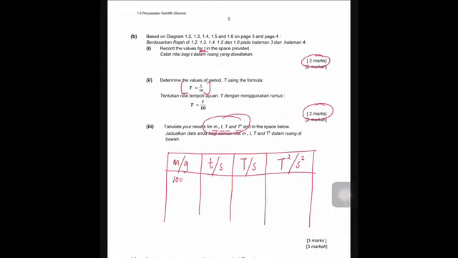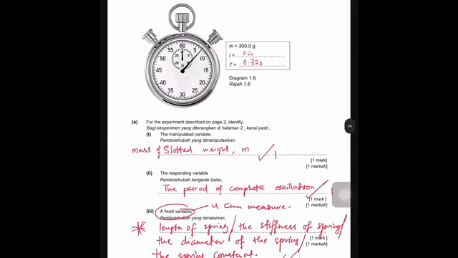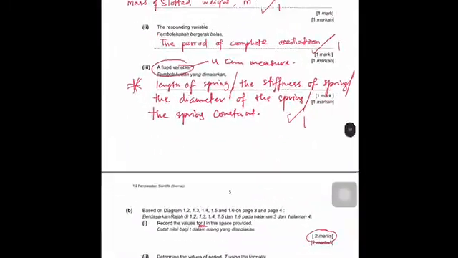Here they give you 0. It's given already, 200, 250, 300. Now, why did I put 0 here? Look back at your question. Did they mention the 0? Yes. So use them.